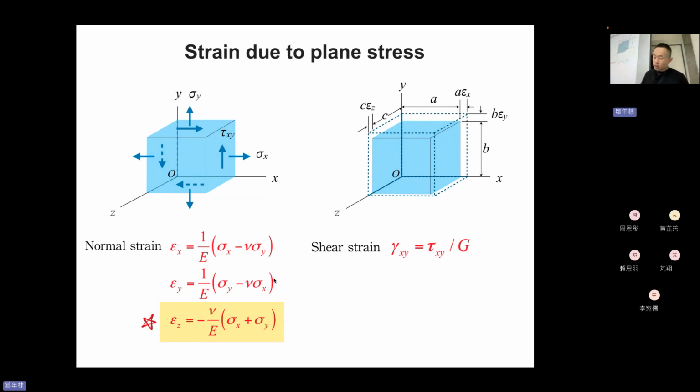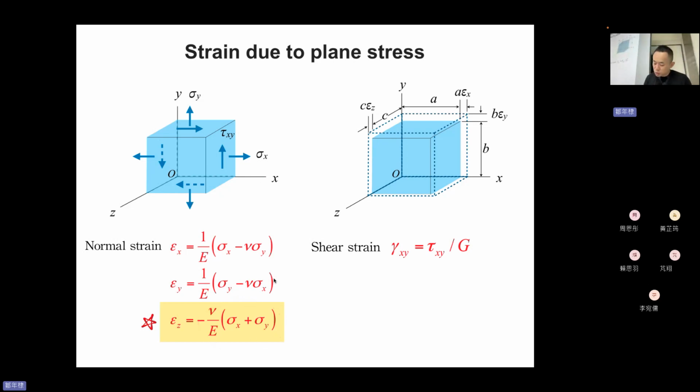Then we talked about strain due to plane stress. The most important thing here is that even if we only have components aligned on the xy plane, sigma x, tau xy, sigma y, so there is no z direction stress, however, the normal strain in the z direction still has a non-zero value because of the Poisson ratio.